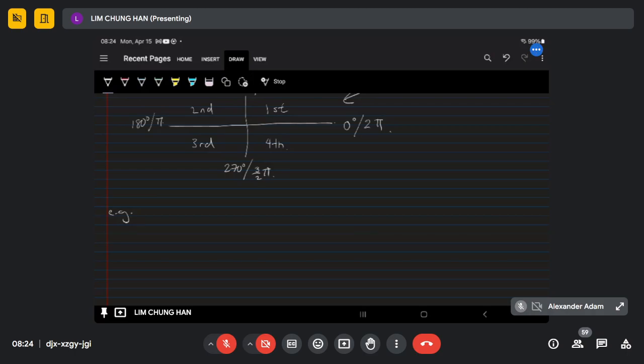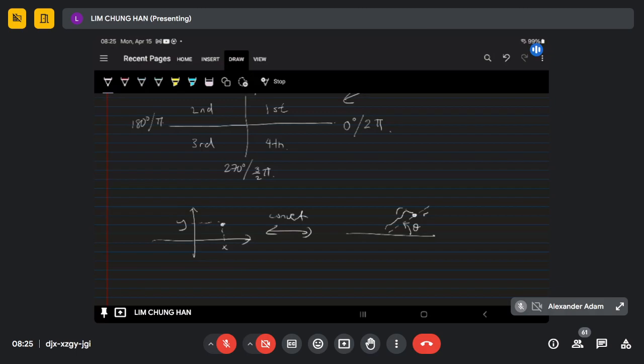We were converting points, coordinates. For example, I got a point here in a Cartesian coordinate system, and I want you to convert it to a polar one, and vice versa. So last week we did conversion of points.